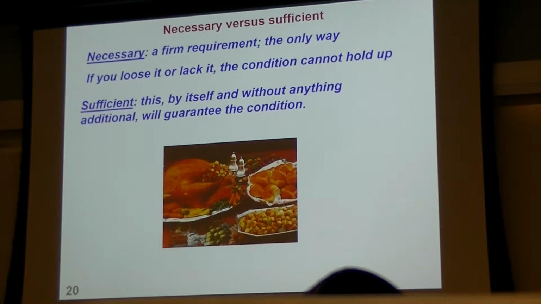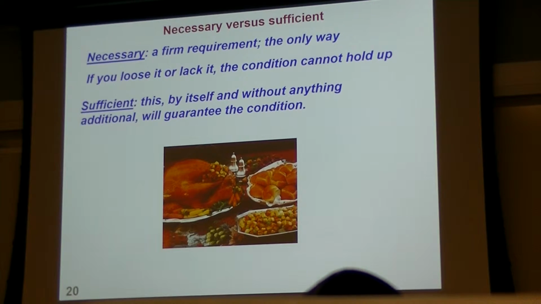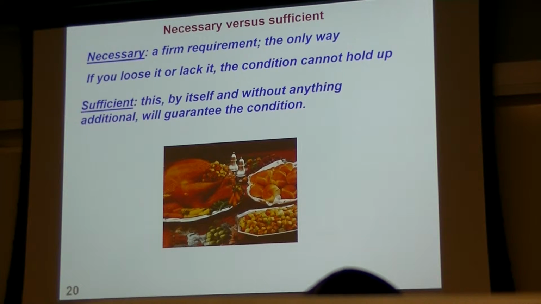So when we say a protein or a gene is necessary for a particular event, what we mean is that you absolutely have to have this gene product in order for that event to occur. It's a firm requirement. If you were to lose that by mutation, or by any other means not have as much of it as in a wild type situation, then the event would fail to occur. Because you need this item, you have to have it.